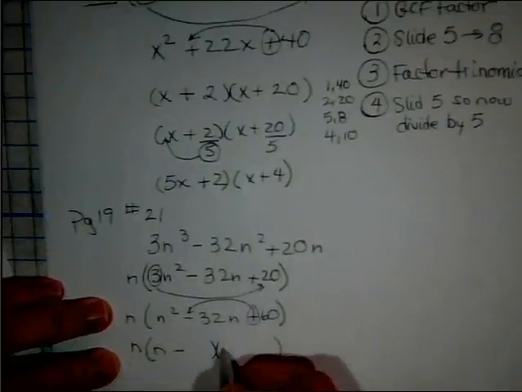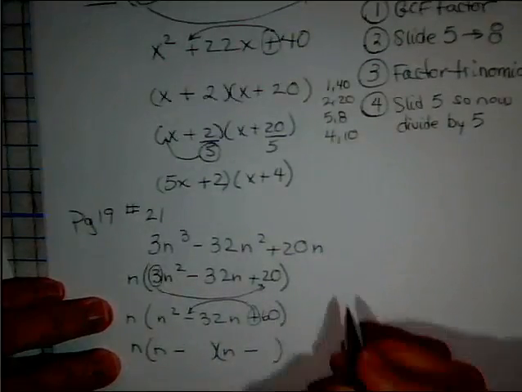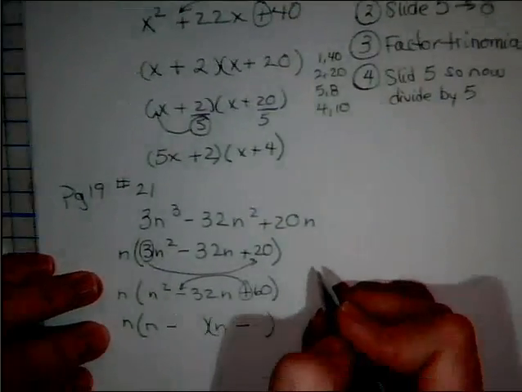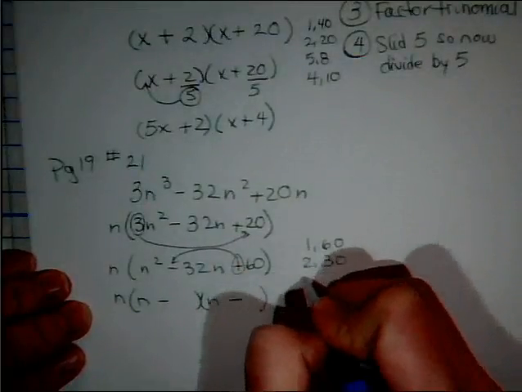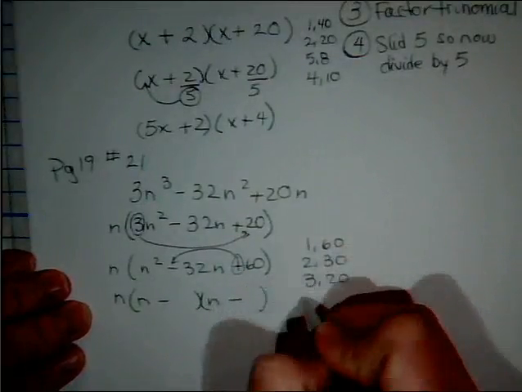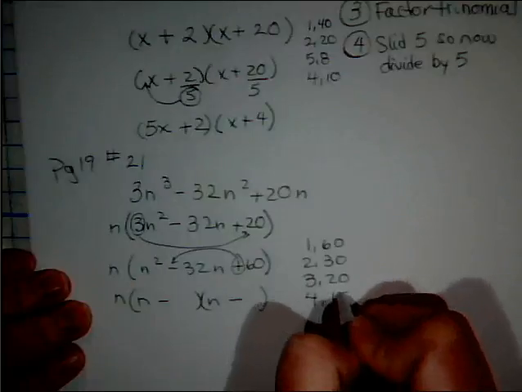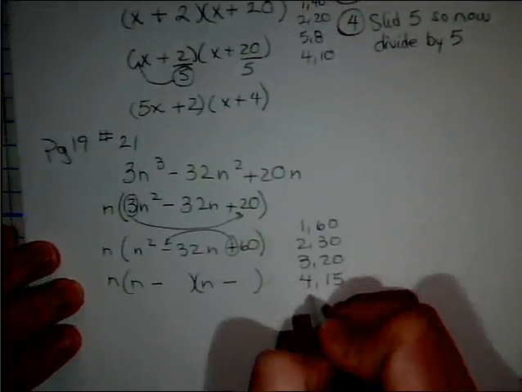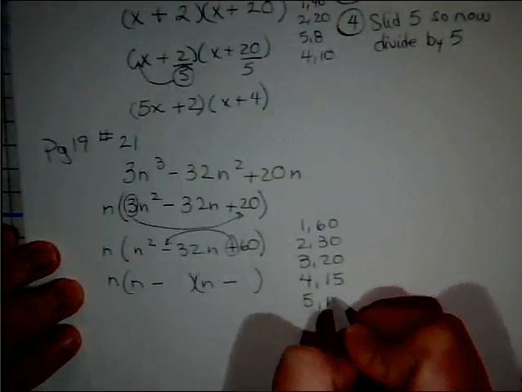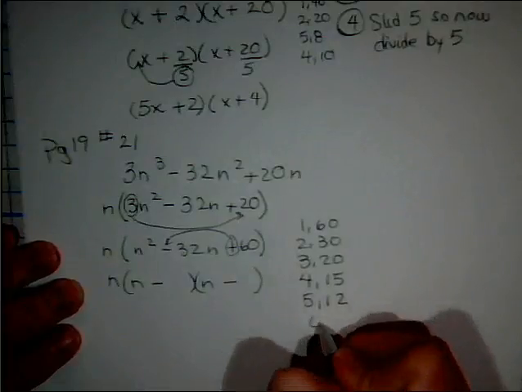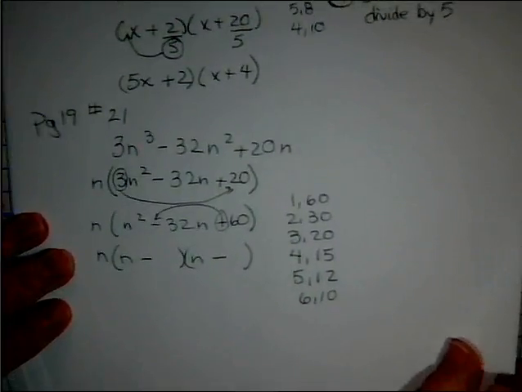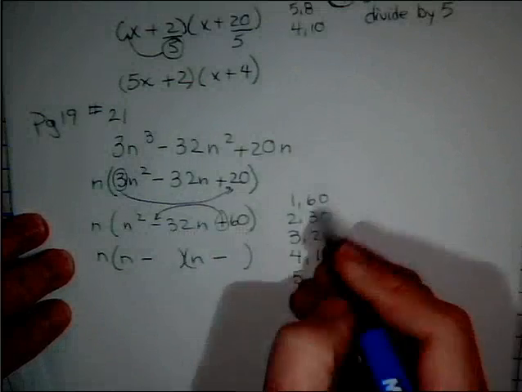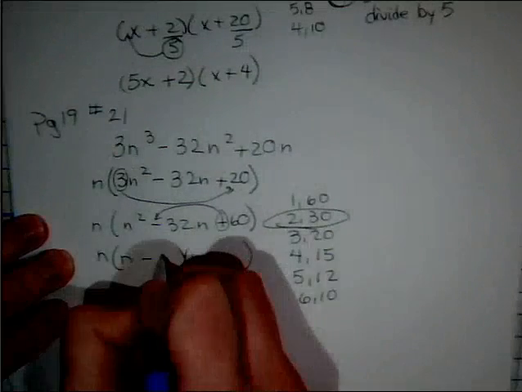So minus and minus. 60: we would have 1 and 60, 2 and 30, 3 and 20, 4 and 15, 5 and 12, 6 and 10. We need to add them together to give us 32, so 2 and 30 would do it.